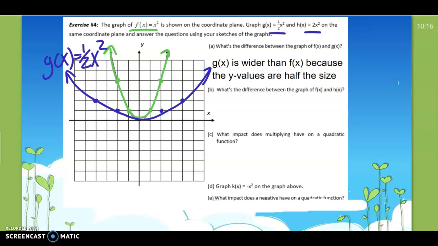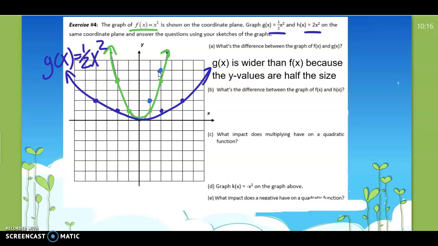Now how does that affect it on the graph? Well, if I go over 1, now I'm going to go up 2. It's going to be twice the size. And if I go over 2, well, now it's actually going to be up even more than that. It's going to be up 8. Where'd my little point go here? So 1, 2, 4. Is that even where I want that?